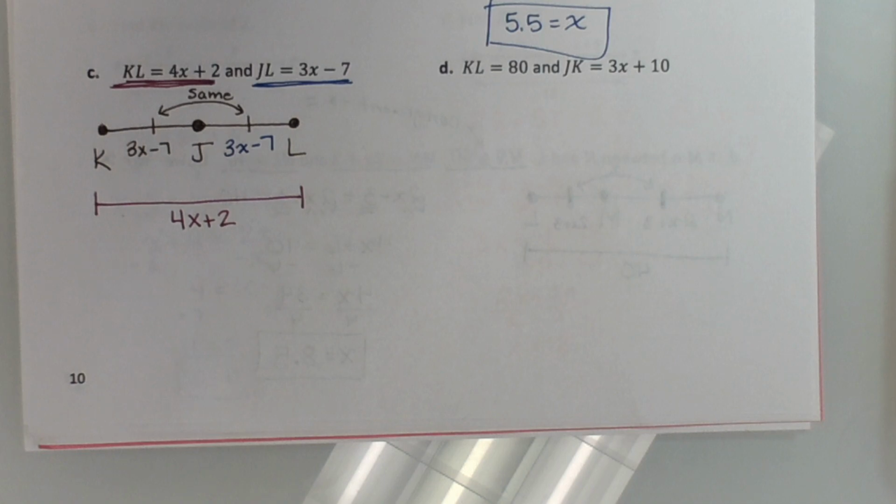But setting them equal, making an equation, 3x, is it minus or plus? Minus. Minus 7 equals 3x minus 7 is not helpful.